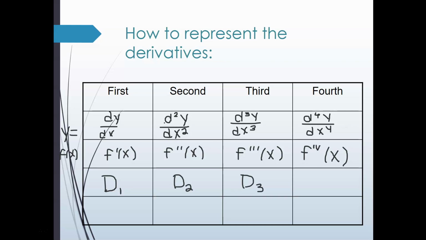Now the D subscripts are the actual numbers. So you could see something like D to the 99th, which would be the 99th derivative. And we'll get into that a little bit more with trig functions. The 99th derivative of a trig function is not 0.